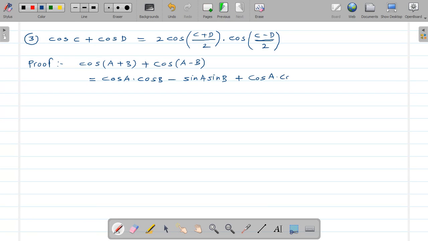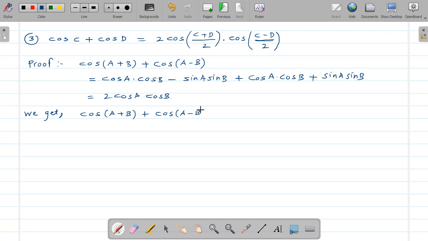Cos a into cos b plus sin a into sin b. Now if you observe this step, sin a into sin b will get cancelled and you will get 2 times cos a into cos b. So see what we get. Hence we get cos(a plus b) plus cos(a minus b) is equal to 2 times cos a into cos b.